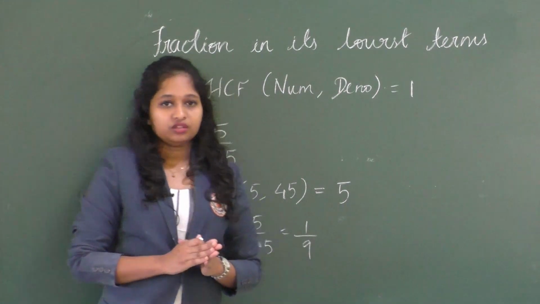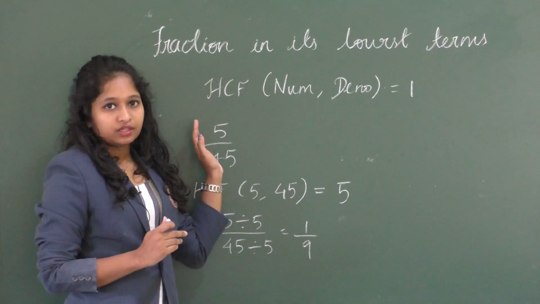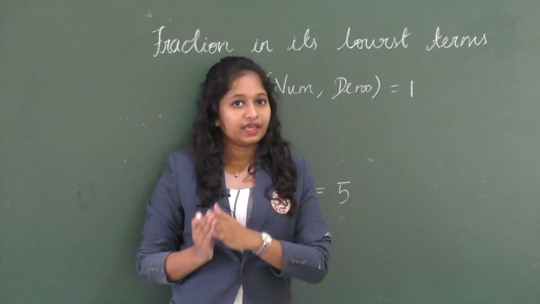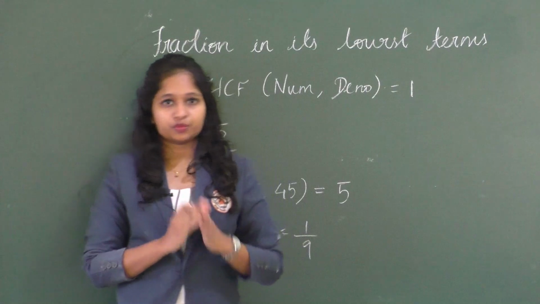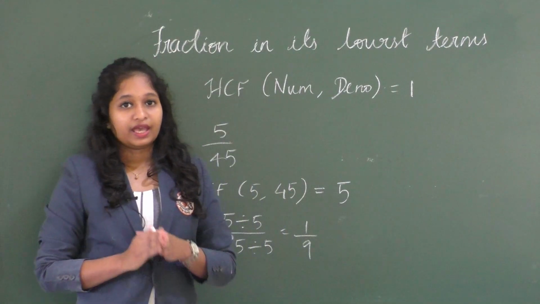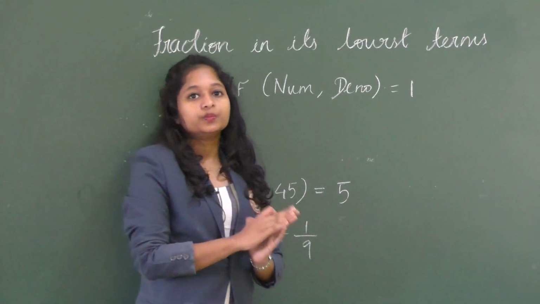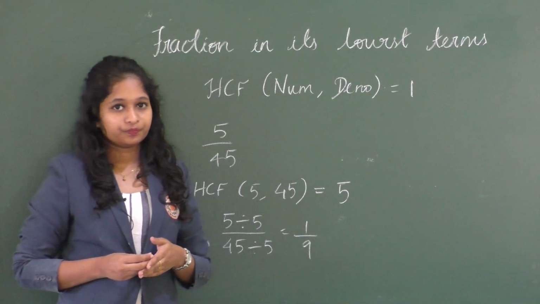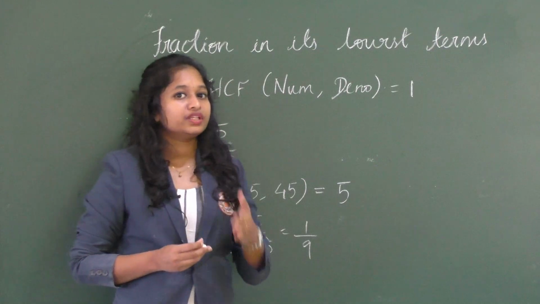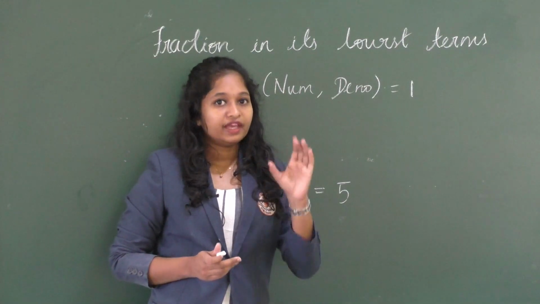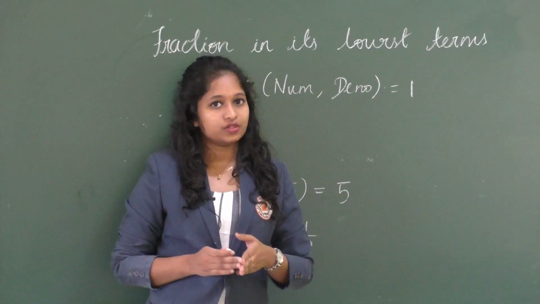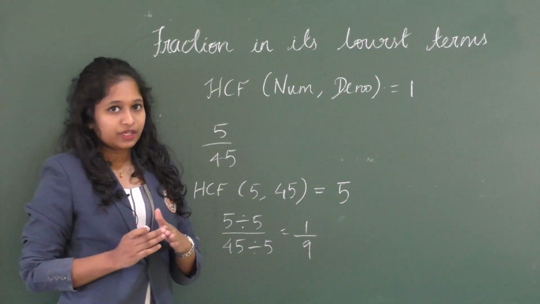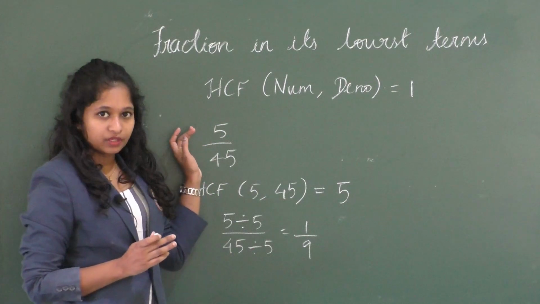When you get a question like this, first find the HCF of numerator and denominator, and then divide the numerator and denominator with the HCF, and finally you will get a fraction, and that fraction is said to be in its lowest terms. Got it?